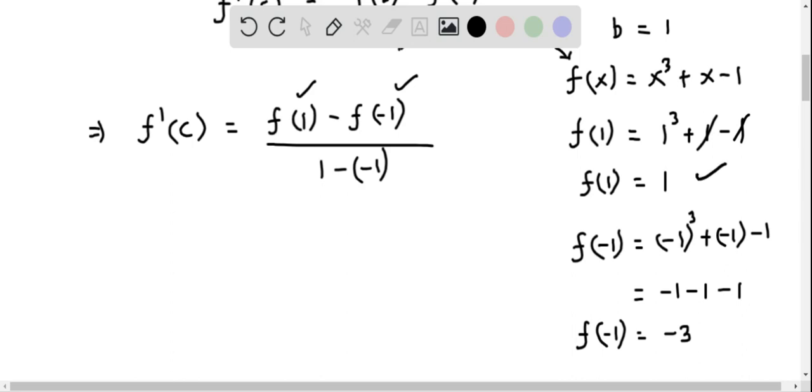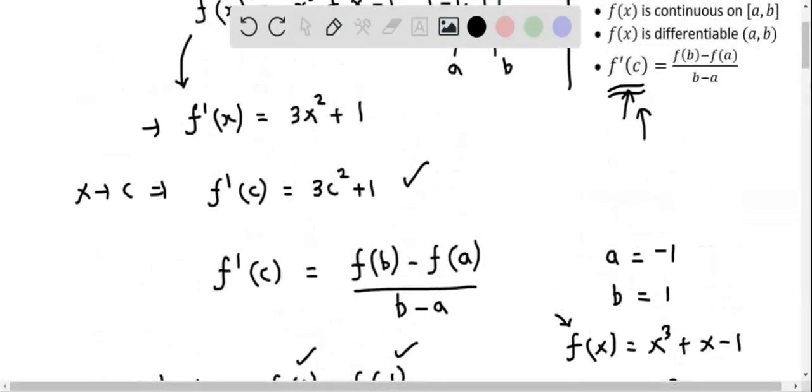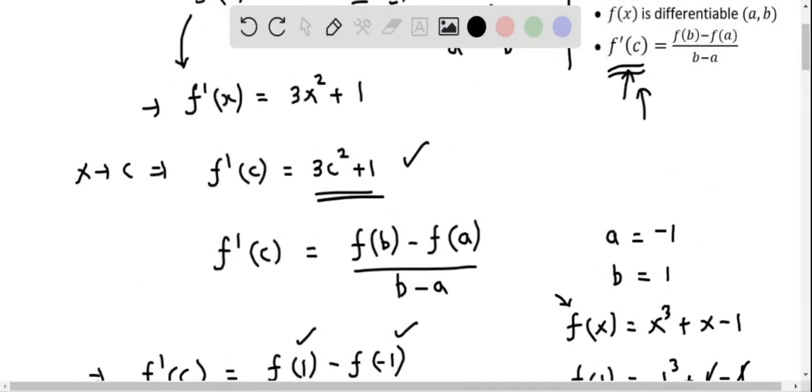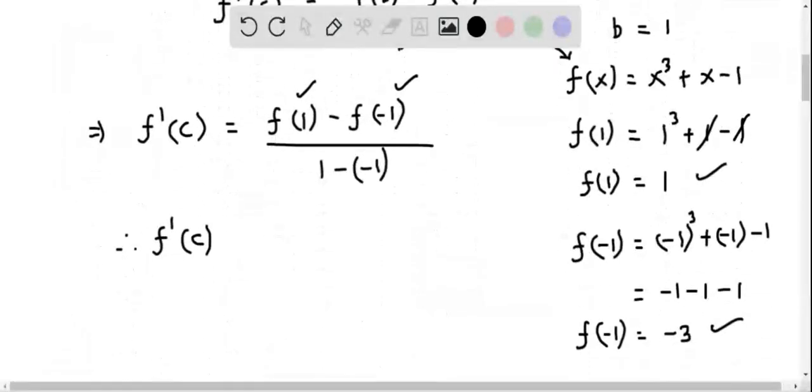We will utilize these two values and substitute into the equation. We can also replace f prime of c, which we have already determined here, that is 3c squared plus 1.